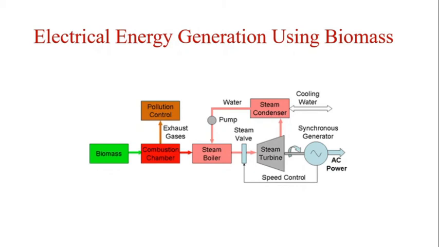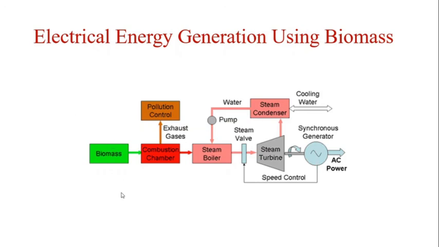Let us see how electrical energy is produced with the help of biomass. A generating plant fueled by biomass uses a conventional steam turbine electricity generation plant as used in coal-fired power stations, with modifications to the combustion chamber and fuel handling system to handle the bulky fuel.